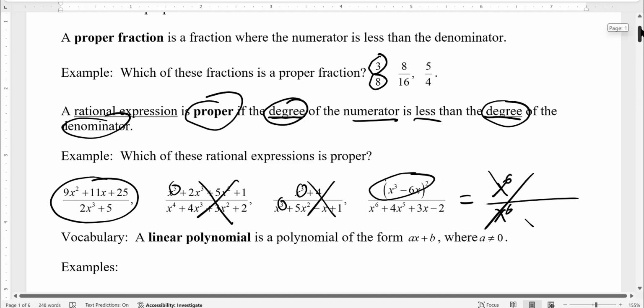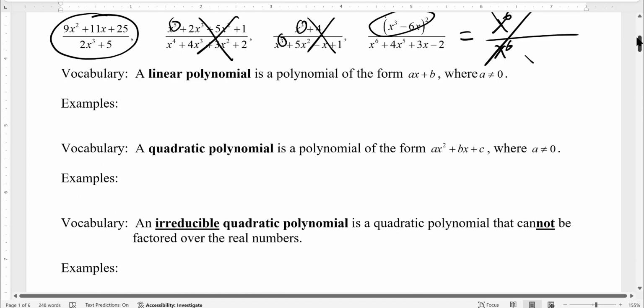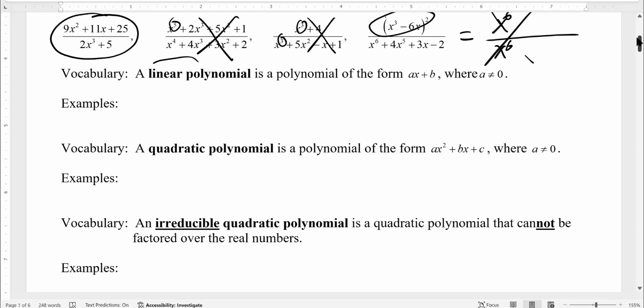So, continuing on, in order to completely understand this concept, you need to know what a linear polynomial is. A linear polynomial is a polynomial that looks like this, and a can be anything except it can't be 0. So, for example, 2x plus 3 is a linear polynomial.